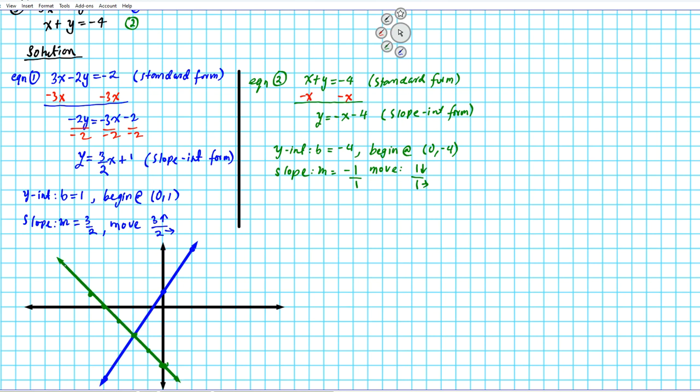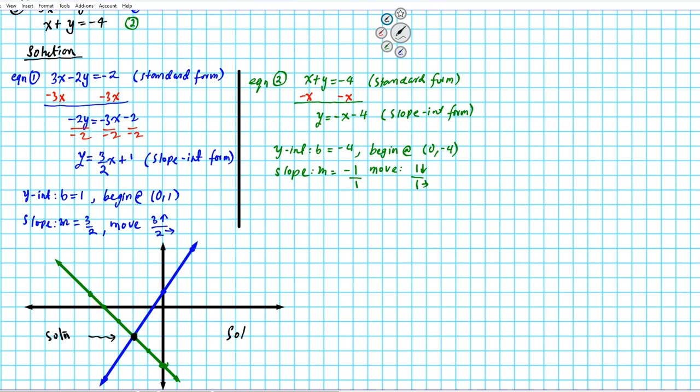So you see where they intersect. The point of intersection represents the solution to the system. See that point right there? That is the solution to the system of equations. So let's write it down.